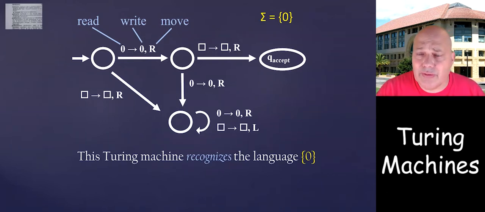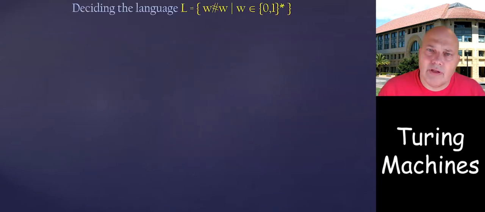It's not that for every input it either accepts or rejects, but whenever it sees a string in the language, it recognizes that it is supposed to accept it. But for other strings, it may reject or may loop. You're never going to accept a string that is supposed to be rejected, a string outside of the language, but you may loop. So this is a big distinction. We'll talk about it a lot in the class, between deciding and recognizing.